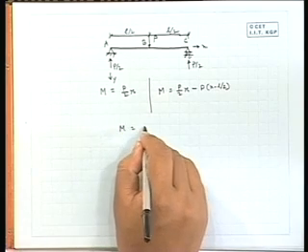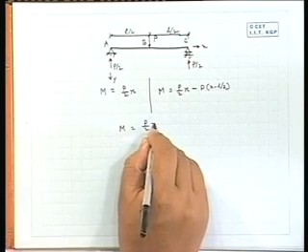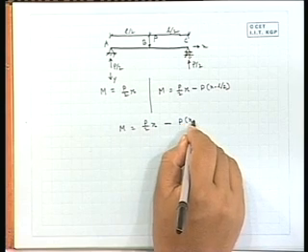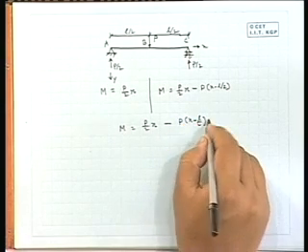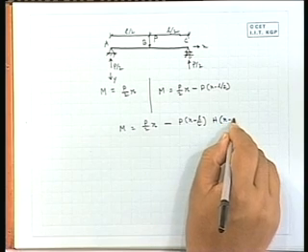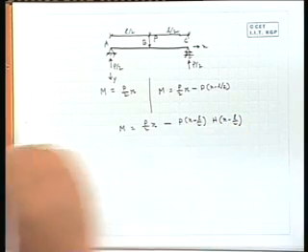Now, from there we have tried to write a common expression for M equal to P by 2 into x minus P into x minus L by 2 multiplied by a function H of x minus L by 2.